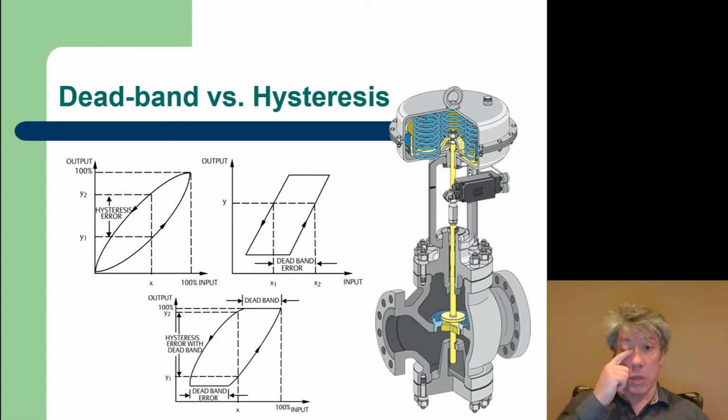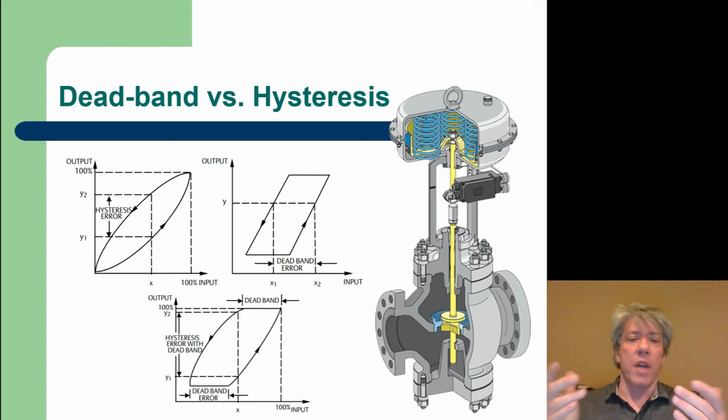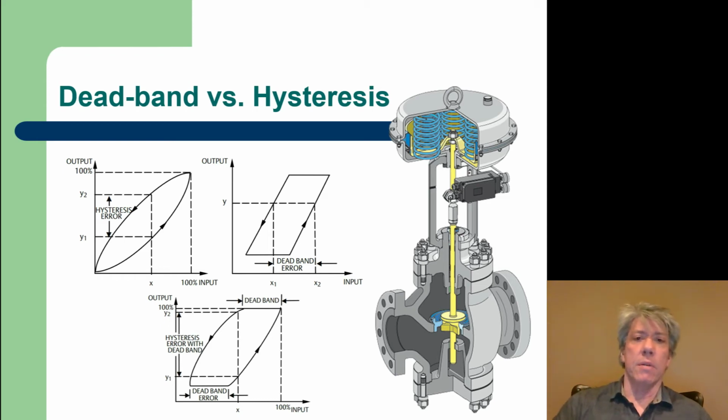So there's no change in the flow rate through the valve. As you increase and increase pressure, nothing happens, it sticks and then eventually slips. And that is a classic deadband problem, and you can imagine it can cause all kinds of process control difficulties.